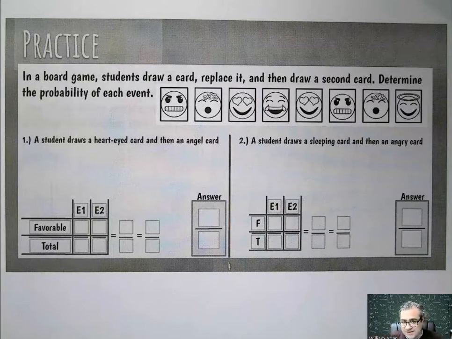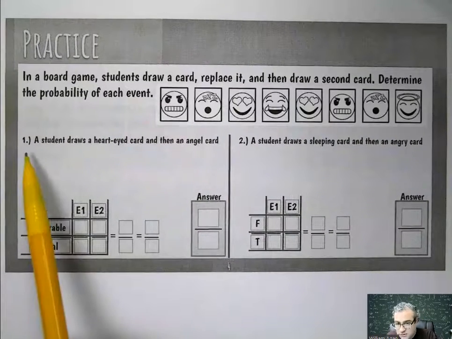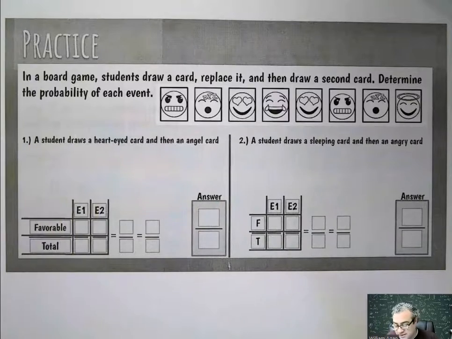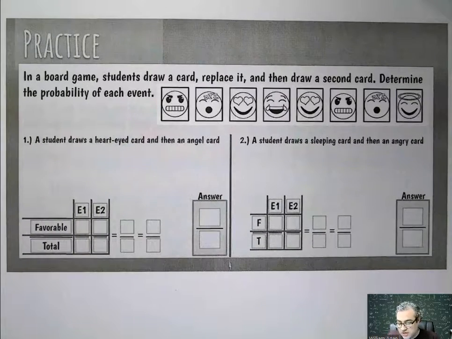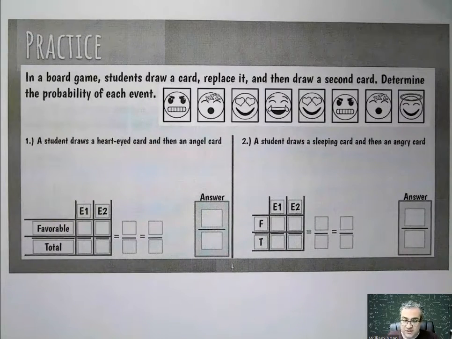So, in order to find the compound probability, whenever you have two or more events, you multiply them together. But first, you have to find the probability of each event. So, if I look at practice problem number 1, it says a student draws a heart-eyed card and then an angel card.